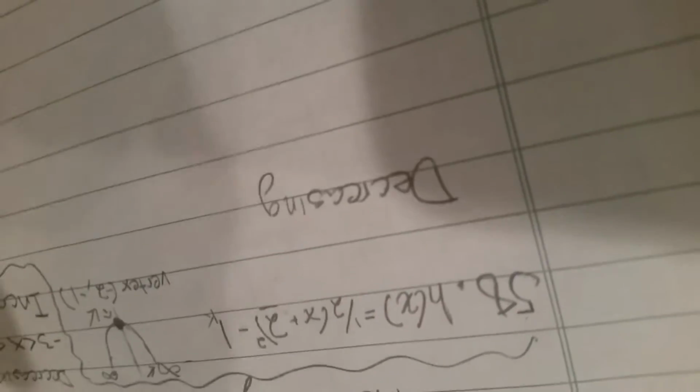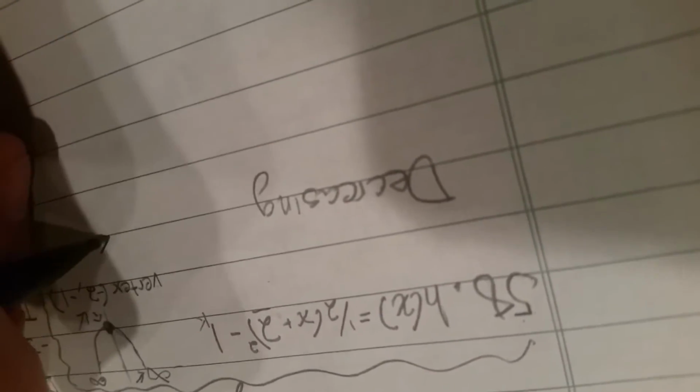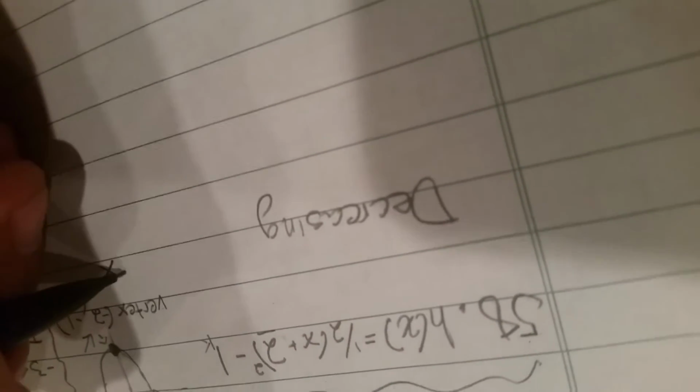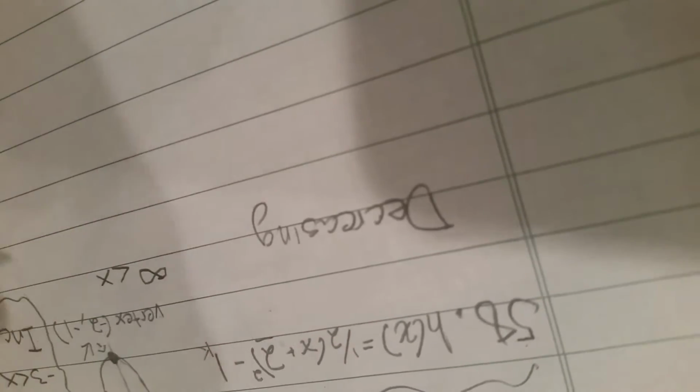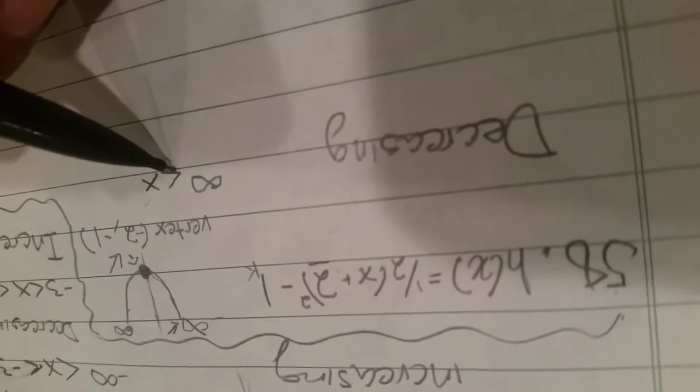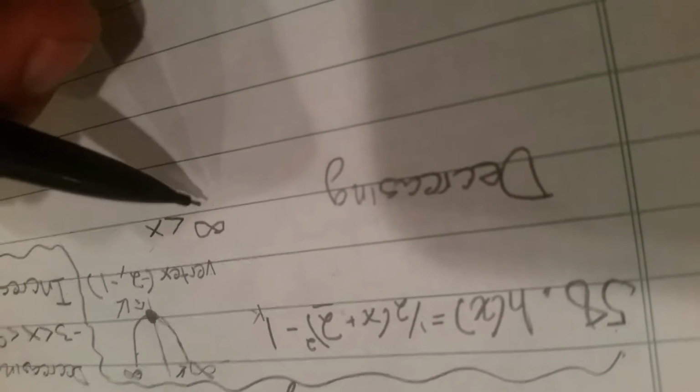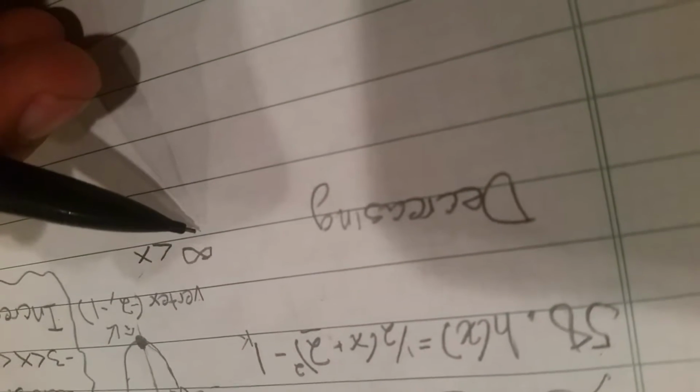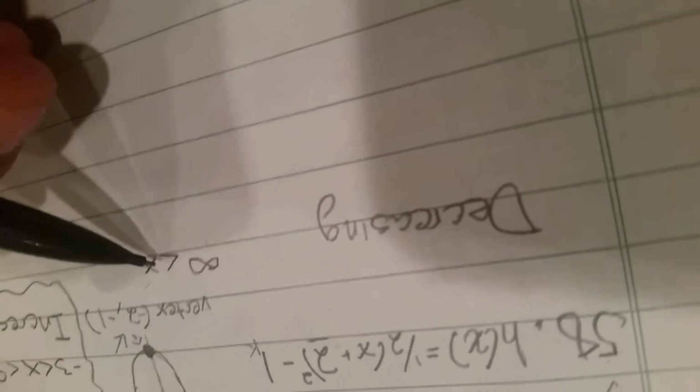And in interval notation, the way we would put this is, I feel like I keep misspelling decreasing. But in interval notation, we'll say that any number x that is greater than infinity, any number that is greater than infinity, or no, I'll just say it like this.